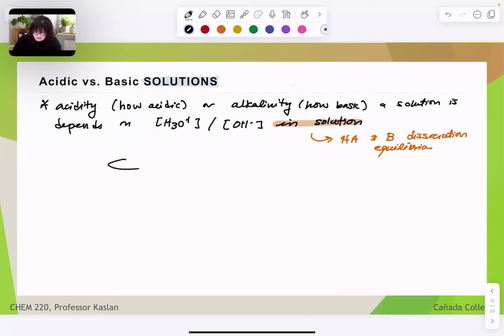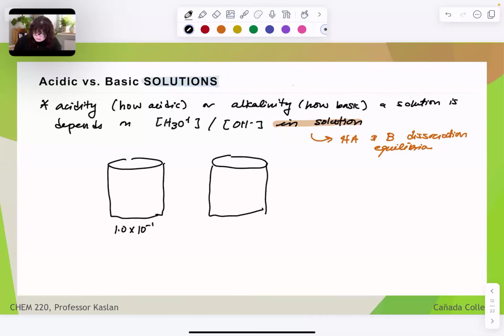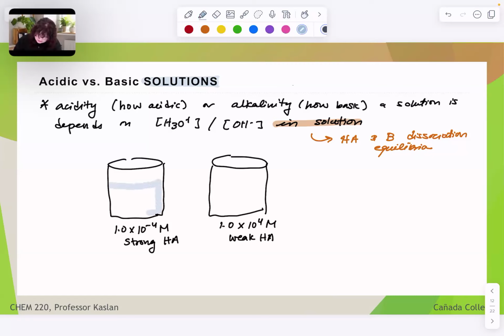So what I'm trying to say here is, if I were to hand you a beaker of strong acid, but it was 1.0 times 10 to the negative 4 molar, versus weak acid that had a concentration of 1.0 times 10 to the positive 4 molar, we would expect these two solutions to have different levels of acidity.